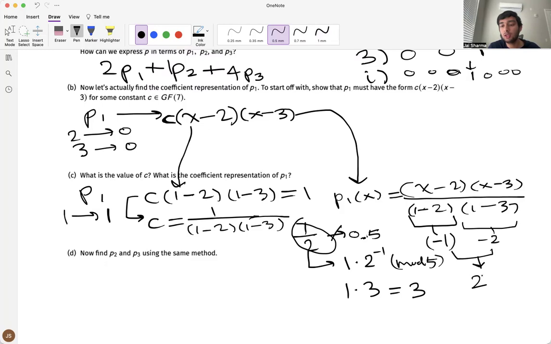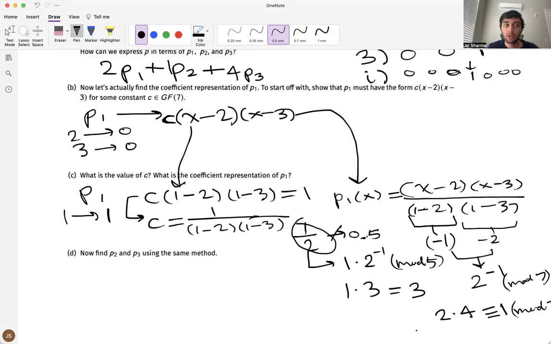We're actually working in GF of 7 here, so we want to find the inverse of 2 mod 7. 2 times what is equal to 1 more than a multiple of 7? Well, 8 is 1 greater than a multiple of 7, and it's also a multiple of 2, so 2 times 4 is equal to 1 mod 7.